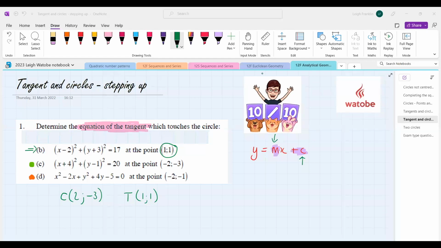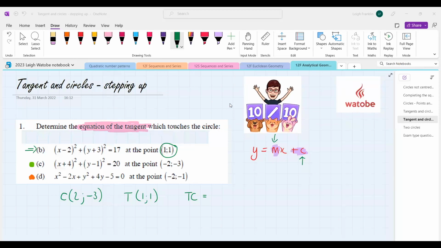So what does that make line TC? C is the center, T is the point of tangency. So what does that make TC? That's it, Chloe.